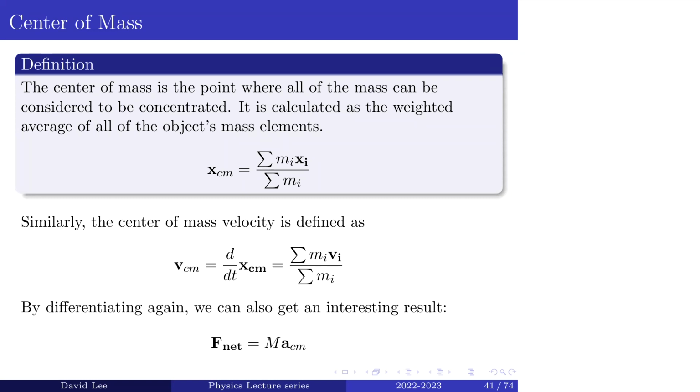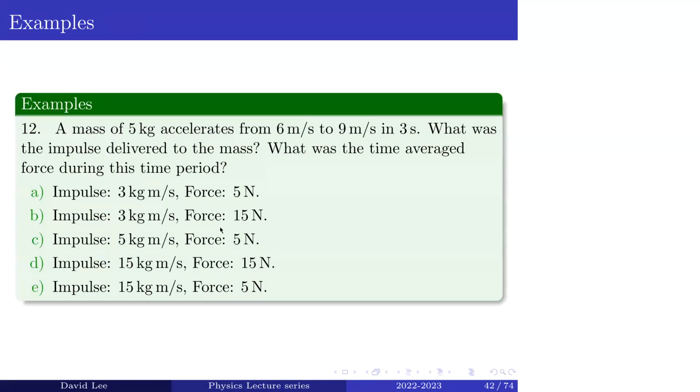This basically means that in some ways you can just consider the group of particles to be a single particle at its center of mass. Okay, so let's do another example problem here.